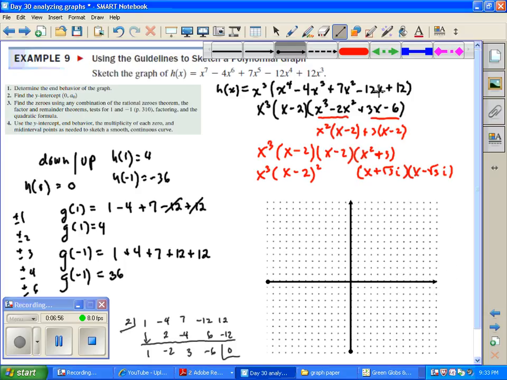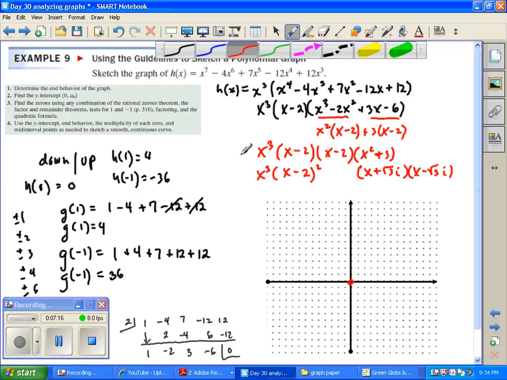There we go. We got an x and a y axis now. The y-intercept I said was 0. So let me make a point at 0. And that root has a multiplicity of 3, so we know it's going to have a little chicane there.